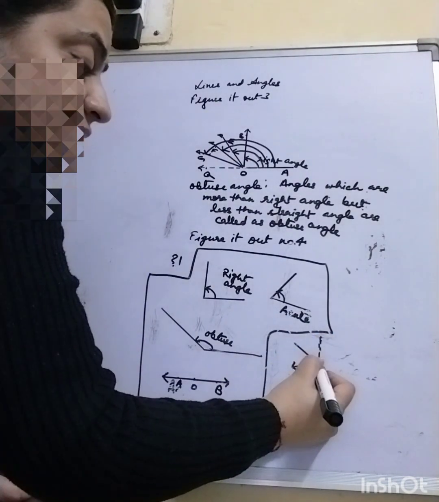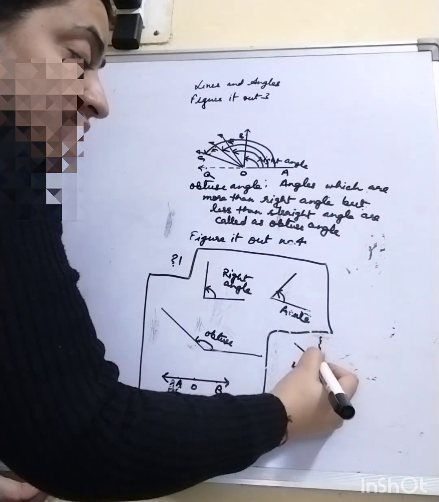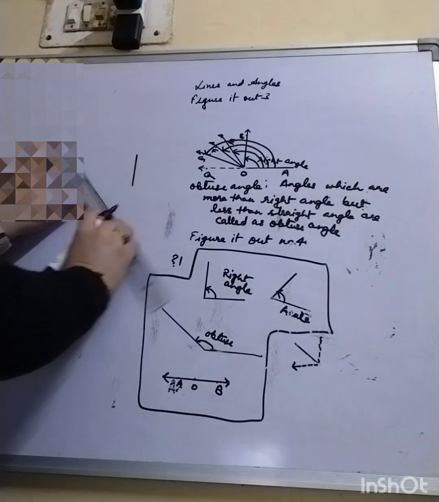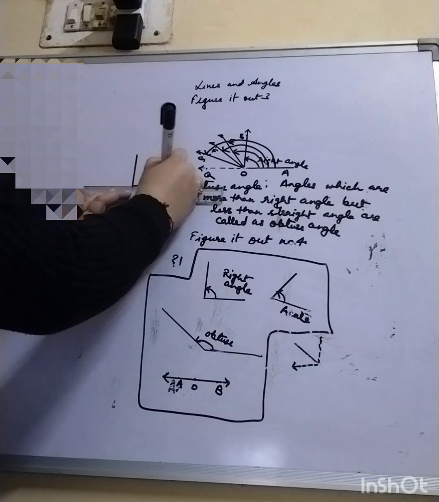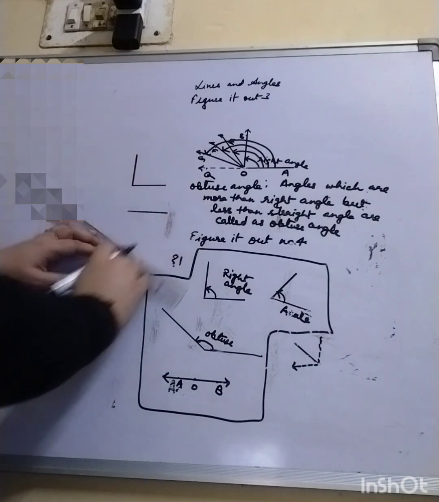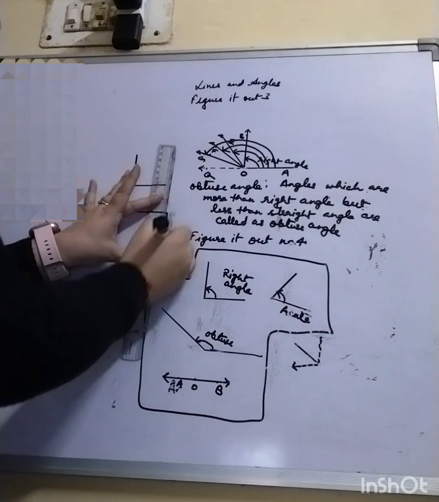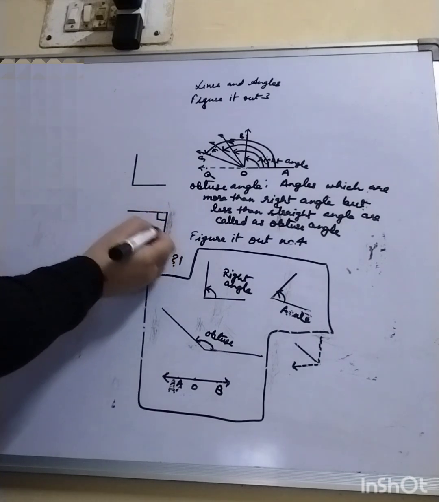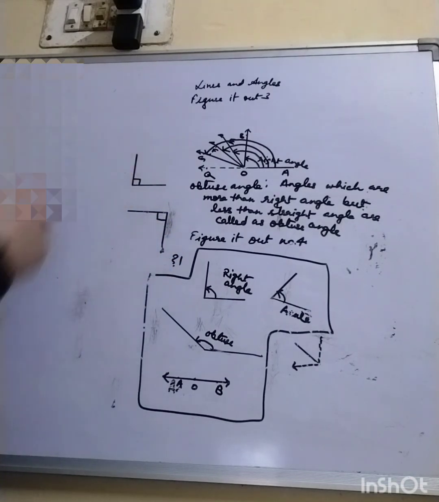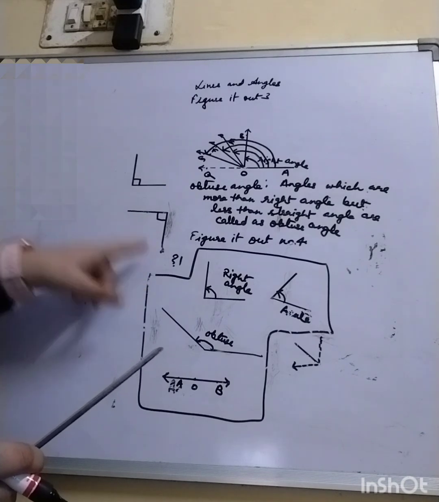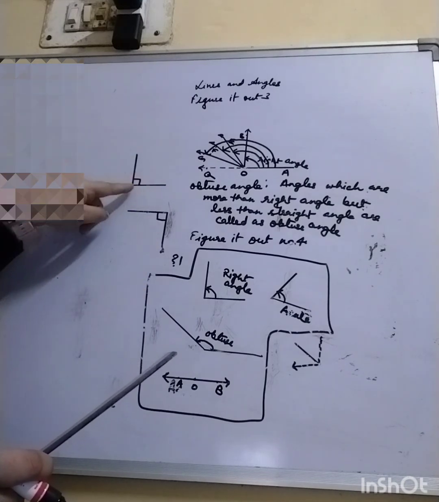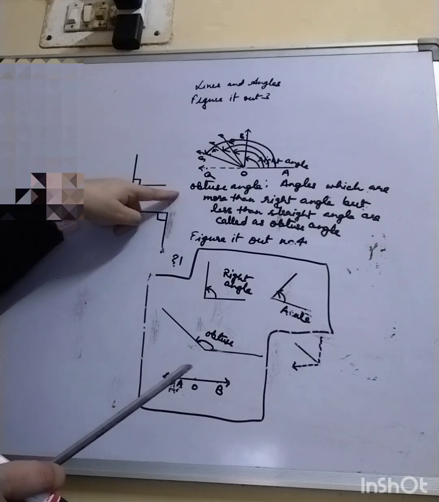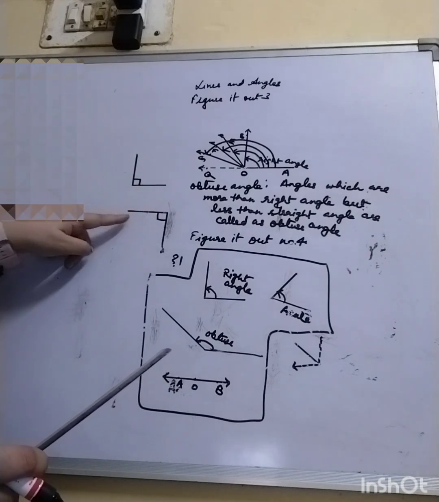Now this L is a mirror image of L, but still it is 90 degrees. This you remember always, whether the direction of the right angle is different, the measure would not change. This would be the right angle. This is also a right angle. The only thing is that direction is changed. Here the line is towards the right side, here it is towards the left side.